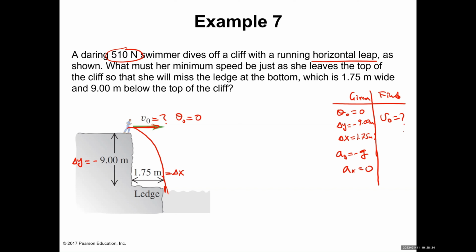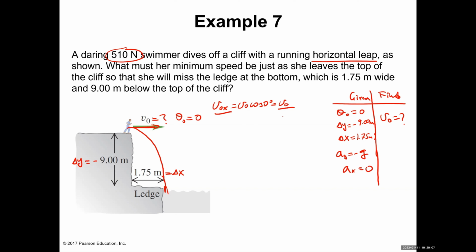All right, so let's see how we can solve this problem. Right away, we can say that the horizontal component of this initial velocity, which we don't know, will be v initial times cosine of 0 degrees, which equals v initial. That's important information. If I find the horizontal velocity, I have the initial velocity itself, and that's what I want.